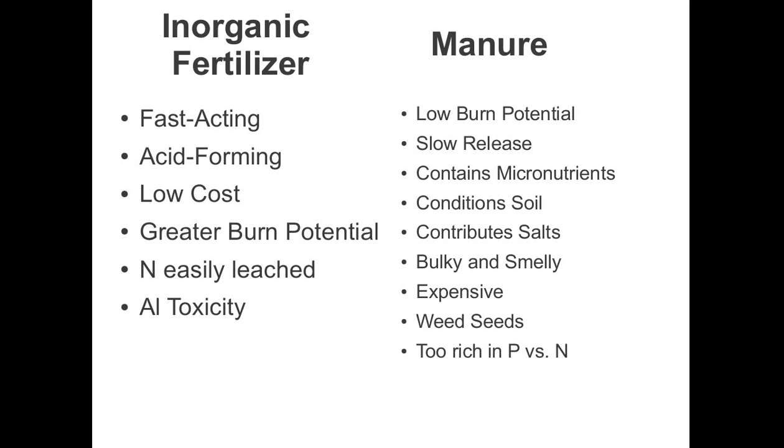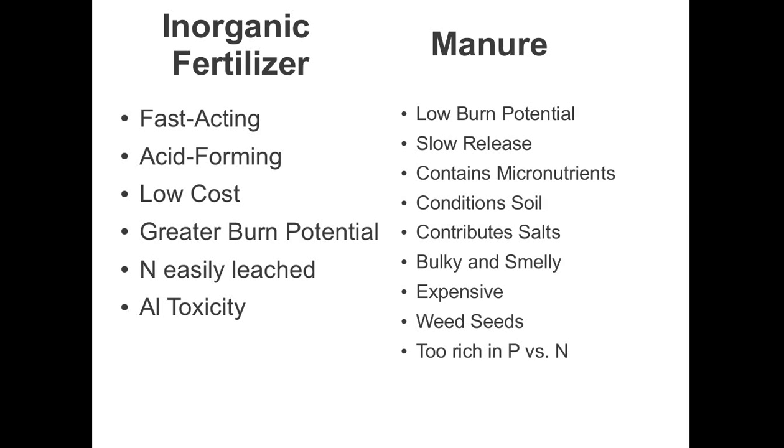That basically means that there's potassium in there that can end up inhibiting the plant's ability to pull water up if there's too much potassium. The nitrogen in inorganic fertilizer is easily leached out of the system. So the first heavy rainfall, you're going to end up leaching a lot of that nitrogen that you applied out of the system if it hasn't been taken up in organic matter already.